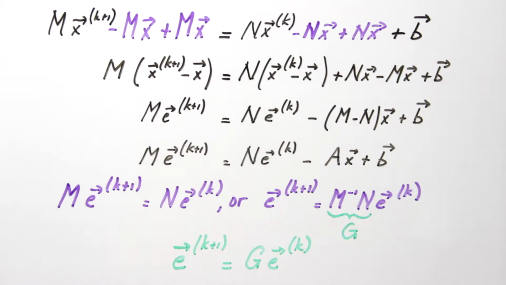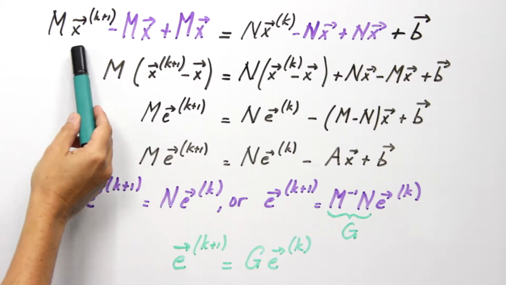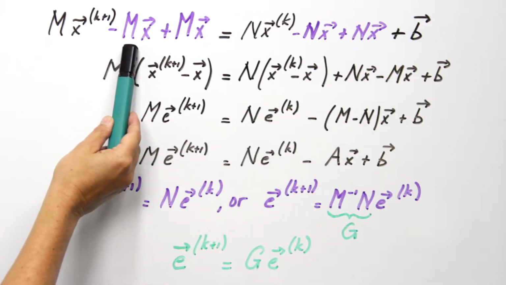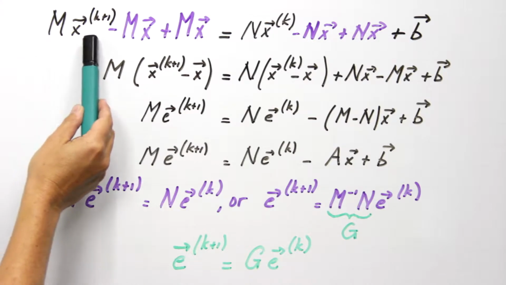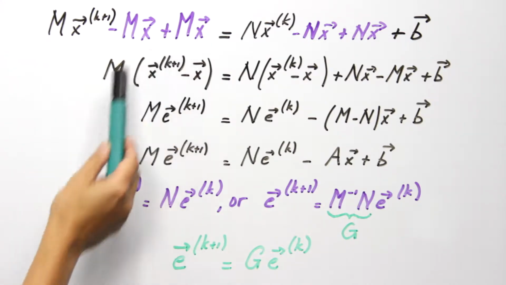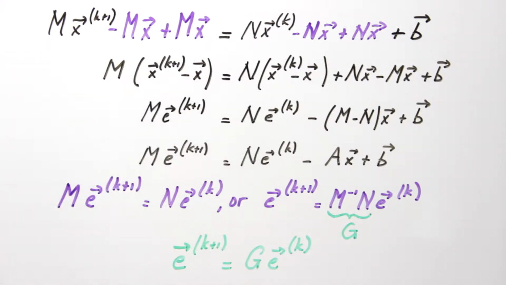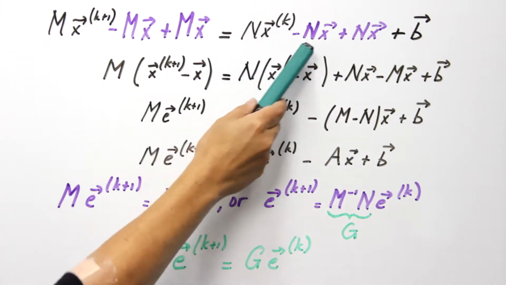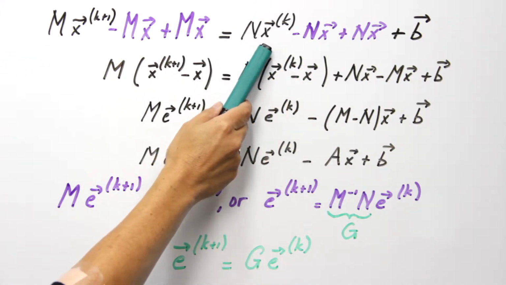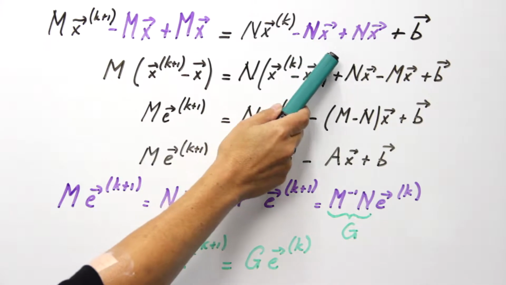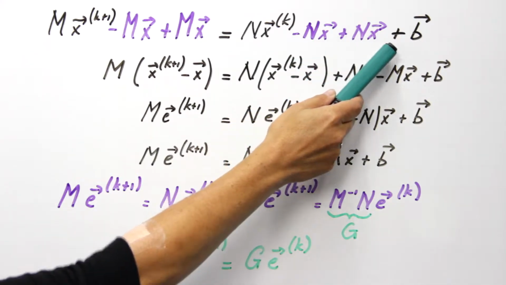We want it in x_k plus 1 minus x, which is the error e_k plus 1. And we can get this by simply subtracting M times x from this M x_k plus 1. But of course then we have to add it back at the same time. And we do it the same on the right-hand side of this equation. So we have N x_k, we subtract N x, we add it back, and then we have plus b.